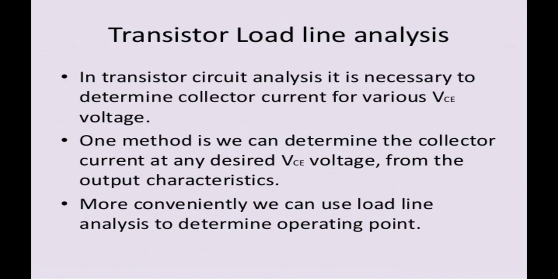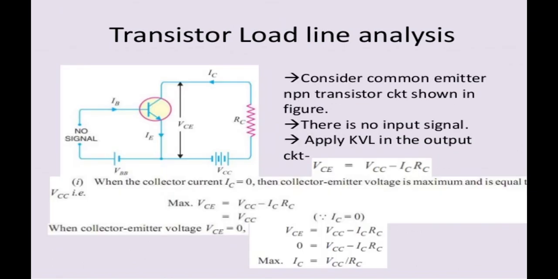One method is to determine the collector current at any desired VCE voltage from the output characteristics. More conveniently, we can use load line analysis to determine the operating point. I already told you the transistor works in the saturation region, cutoff region, and active region. So this is load line analysis.